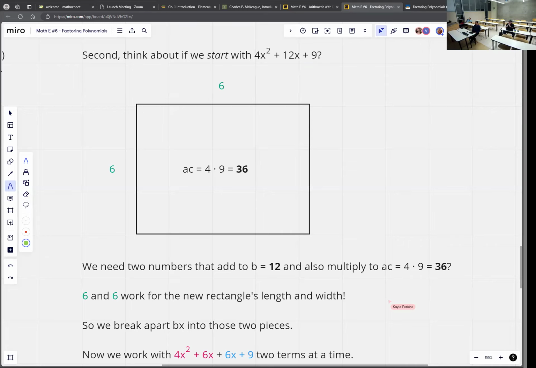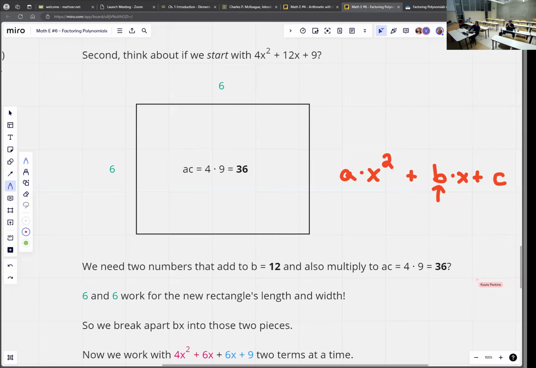First, I turn this into one of those logic puzzles we just did. If I call the whole polynomial a times x squared plus b times x plus c, then what's this middle thing, the number next to the plain x? That's what I'm saying is 12 in my example.